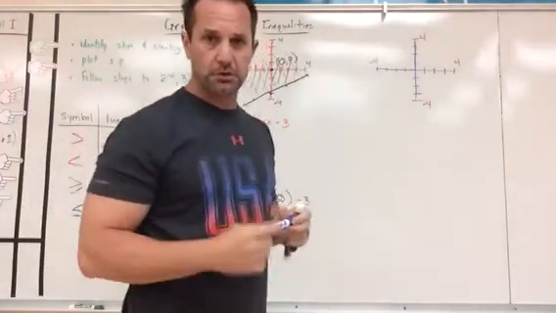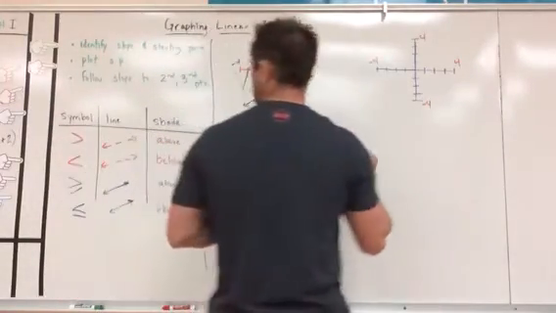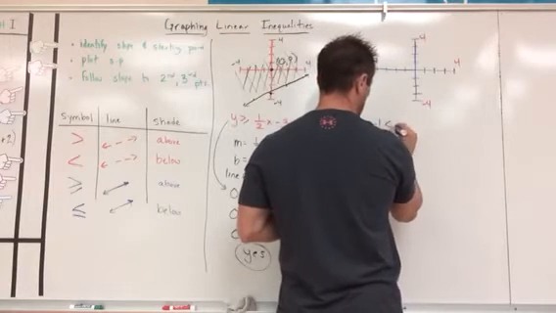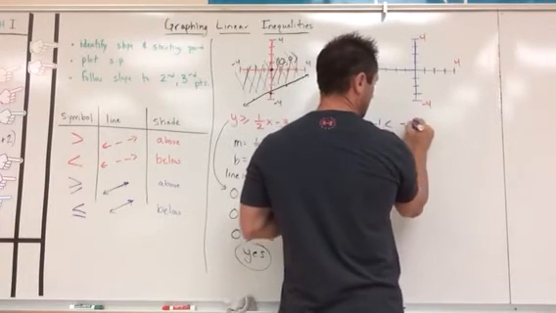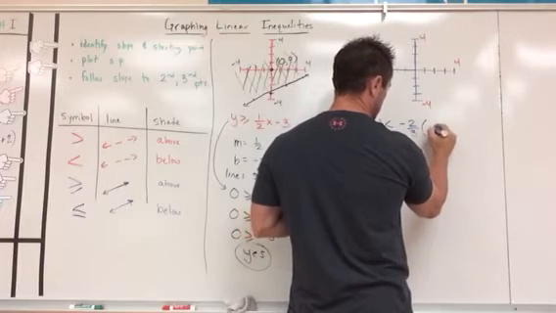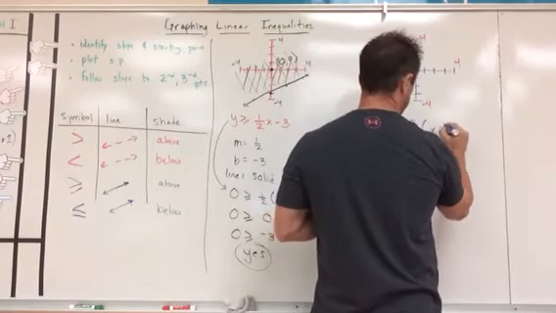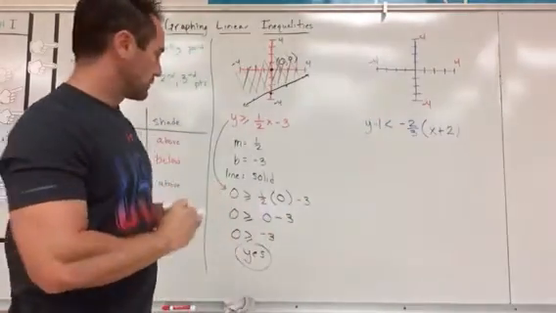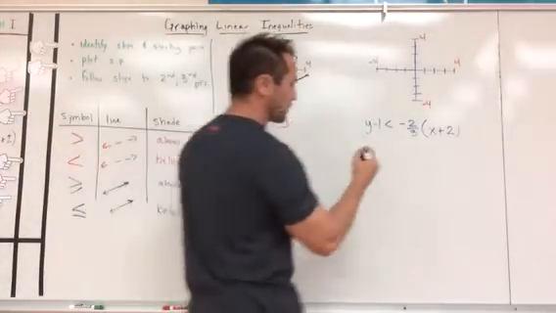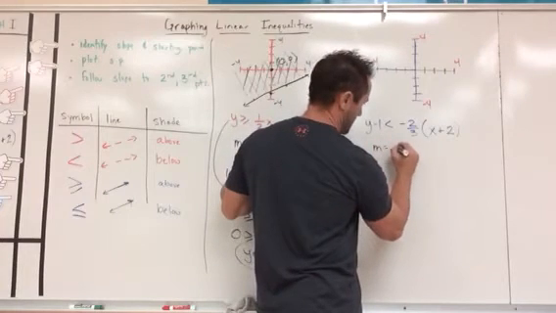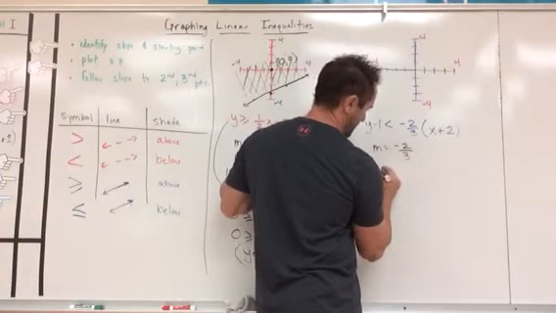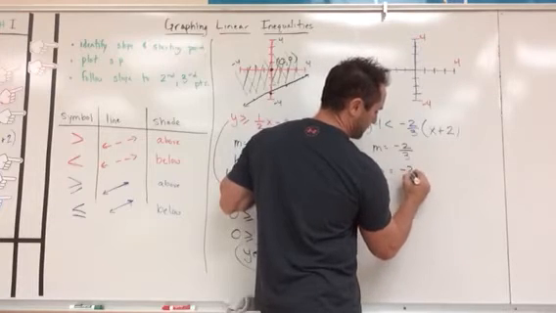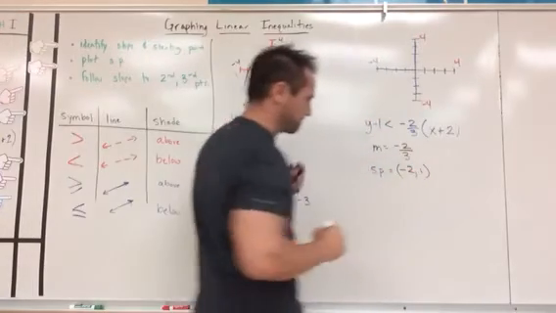Okay, let's go to the next example. In the next example I'm going to do a point-slope equation. y minus 1 is less than -2/3 times the quantity x plus 2. Again, we're going to start off with our slope. Our starting point, SP, is -2, 1.